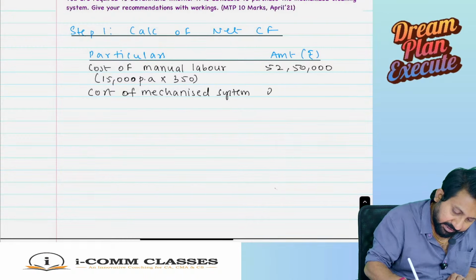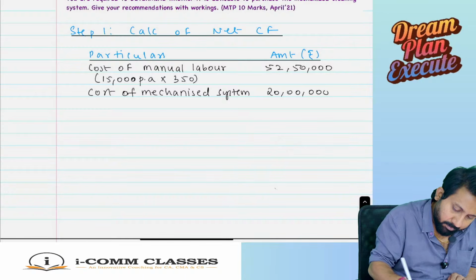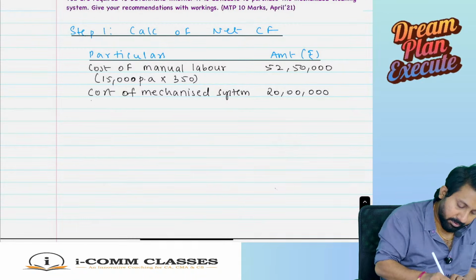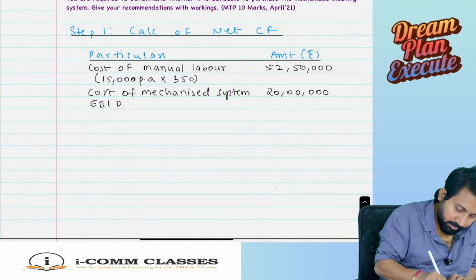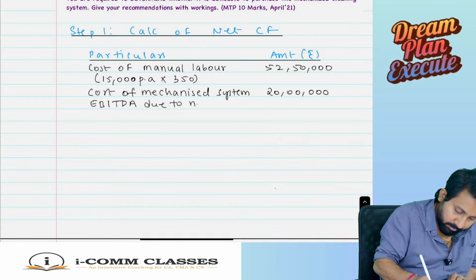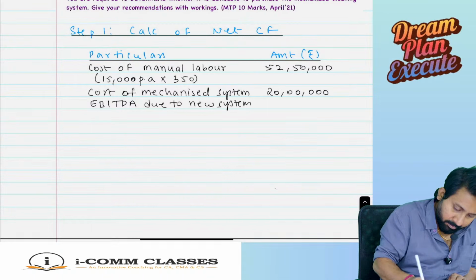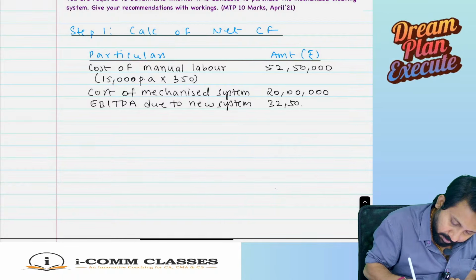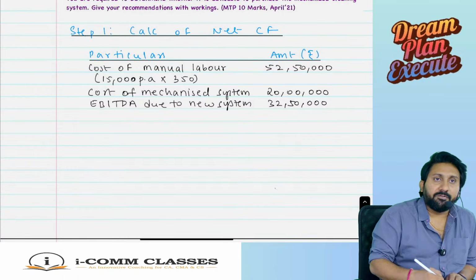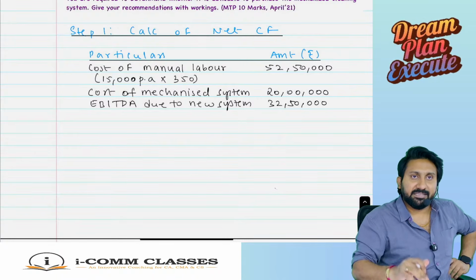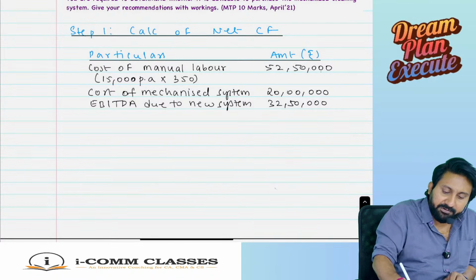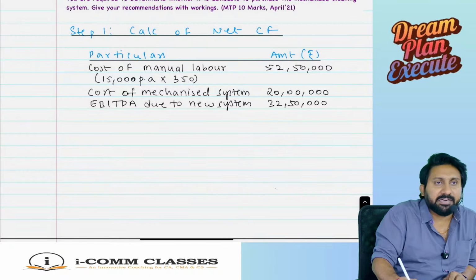Cost of a mechanized system: 20 lakh. What is the EBITDA? 32 lakh 50,000, not minus savings. This is the revenue that we are getting extra. Instead of spending 52 lakh 50,000, we will spend only 20 lakh.